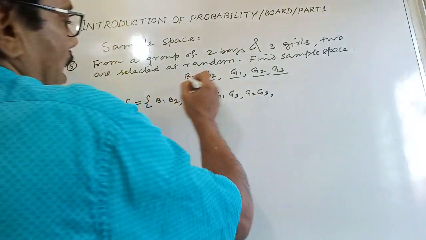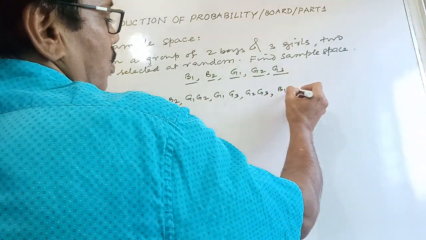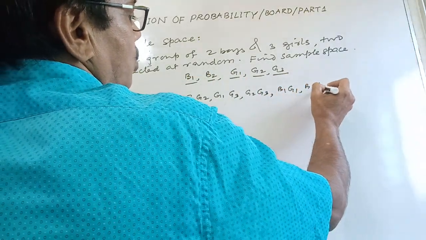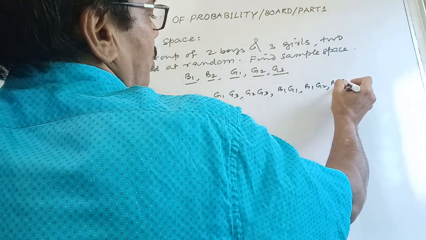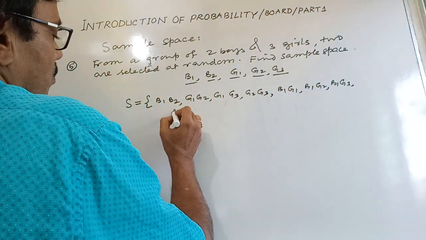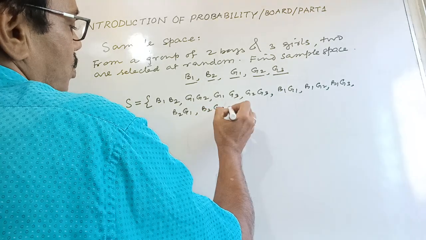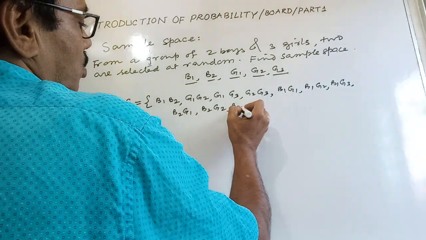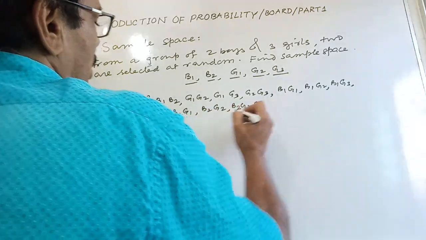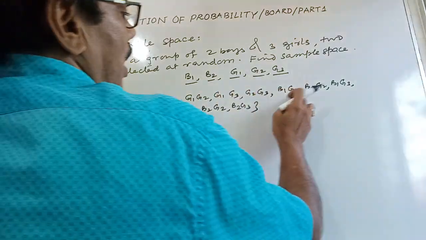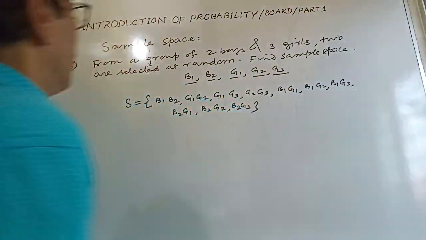Then 1 boy and 1 girl: B1, G1. B1, G2. B1, G3. Then B2, G1. B2, G2. B2, G3. So 1, 2, 3, 4, 5, 6, 7, 8, 9, 10.